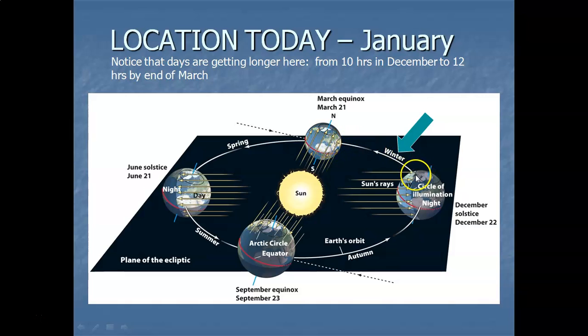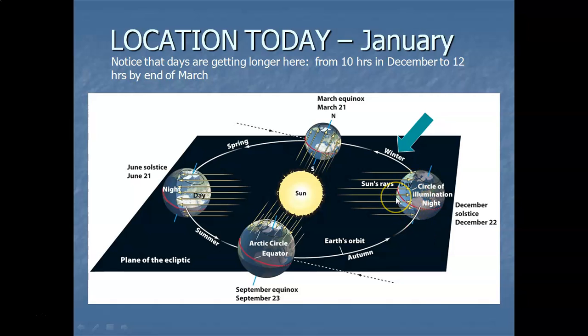What I want you to notice in your daily life is that the days are getting longer. Daylight is getting longer as the subsolar point is getting a little bit closer to us, at the equator. And we're going to have kind of an intermediate season where we don't have those great extremes of tilt.